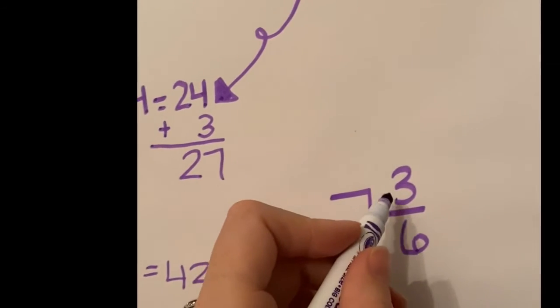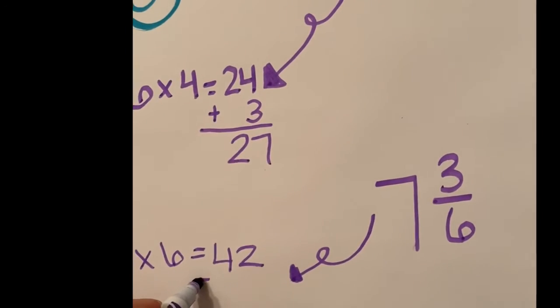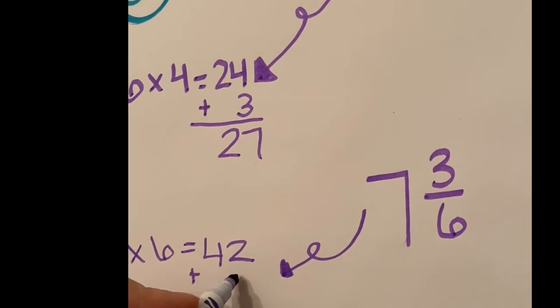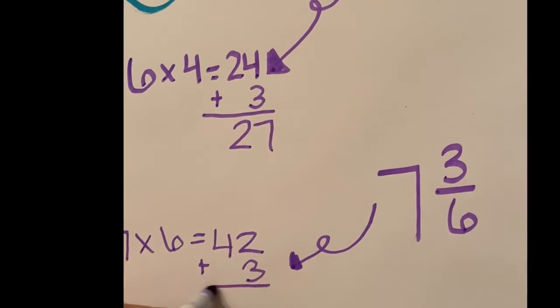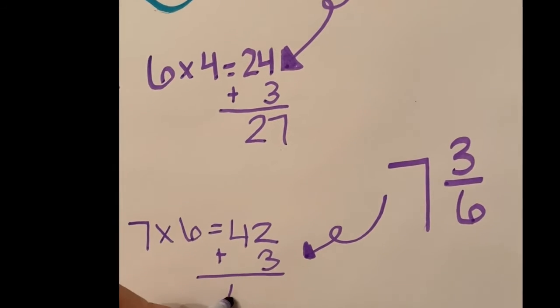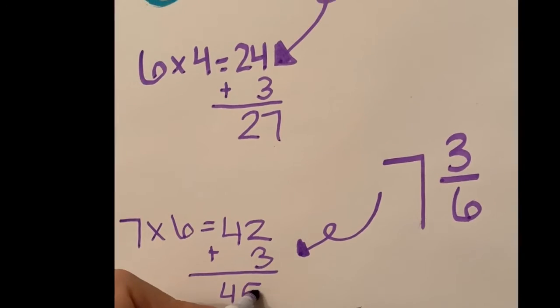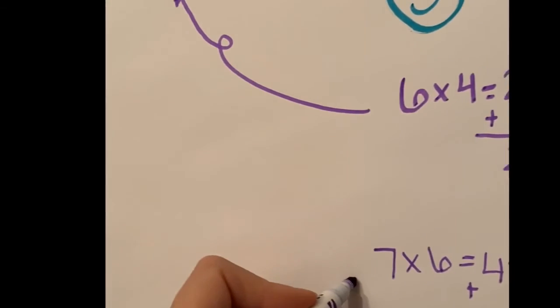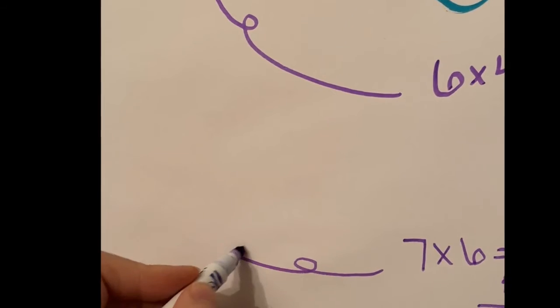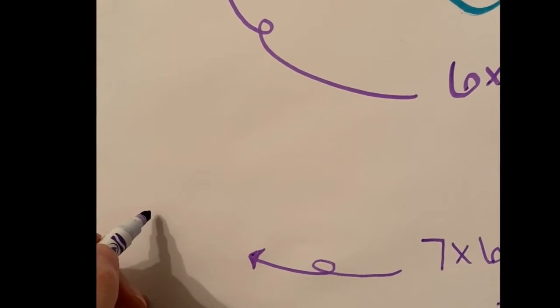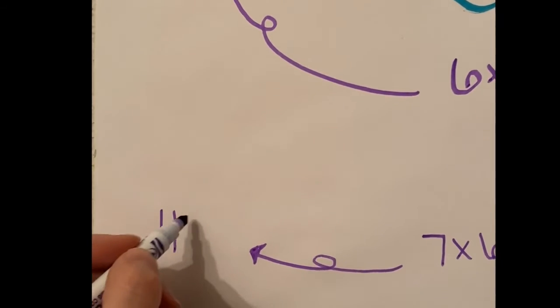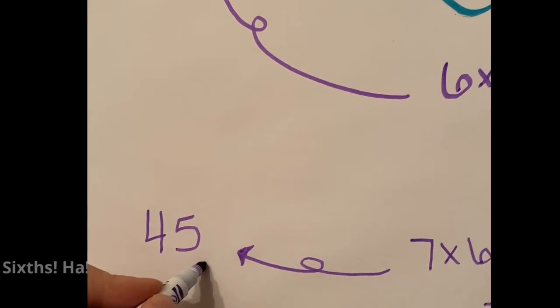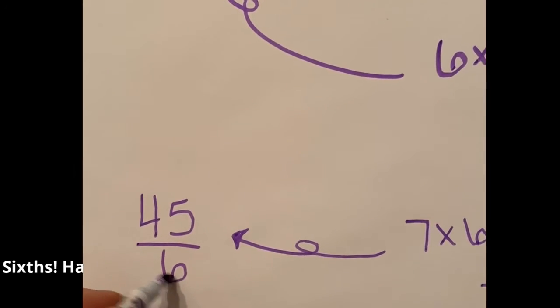I need to add in my numerator, like my leftovers is what I keep saying. 42 plus 3, and I'm going to get 45. My denominator stays the same, so if I'm turning that into my improper fraction, I would have 45 sixths.